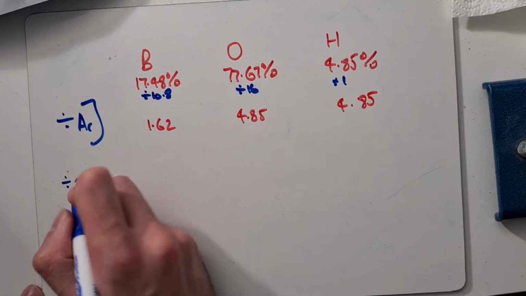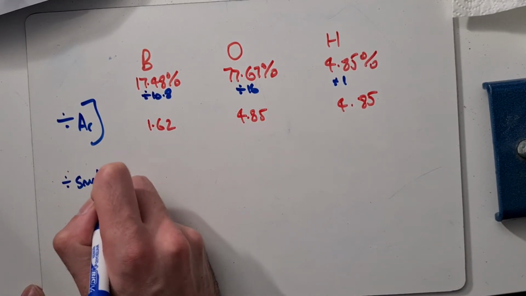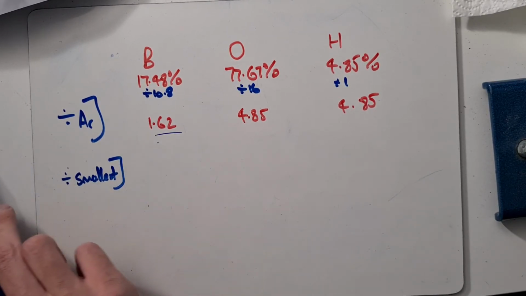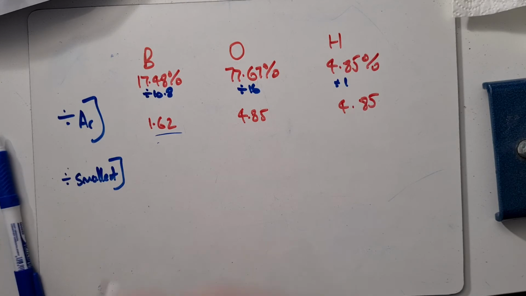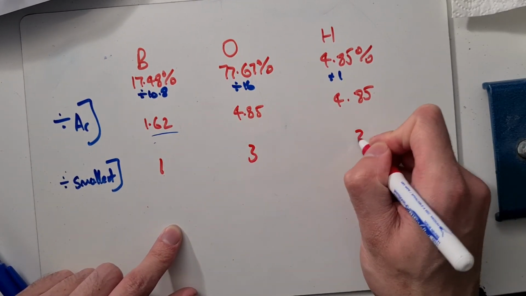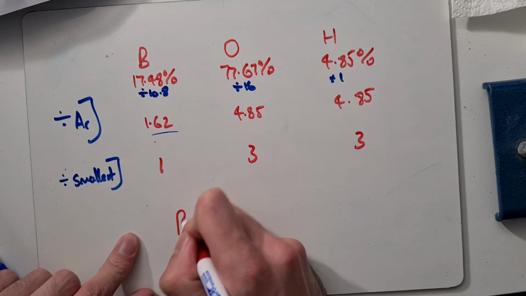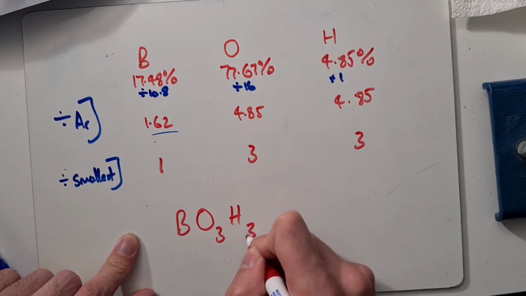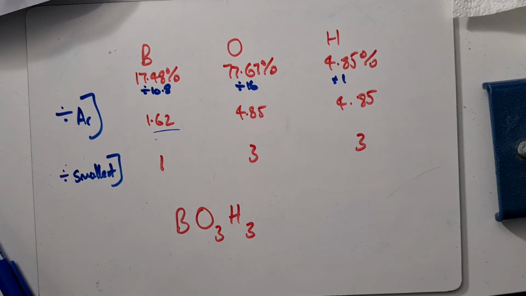Final step in this one is we're going to divide by the smallest value we've just got here. So that's 1.62. So 1.62 divided by 1.62 is 1, then 3, then 3. So we have boron, O3, H3. And that'll be the empirical formula.